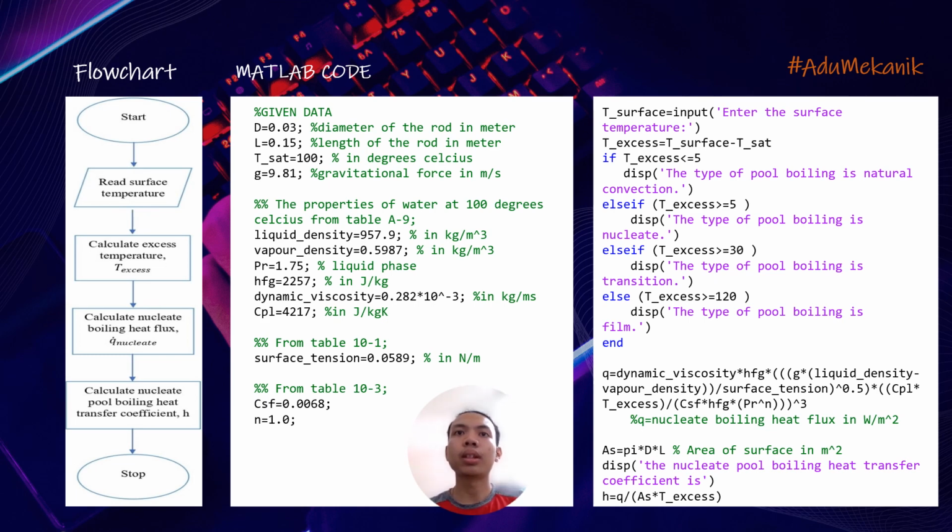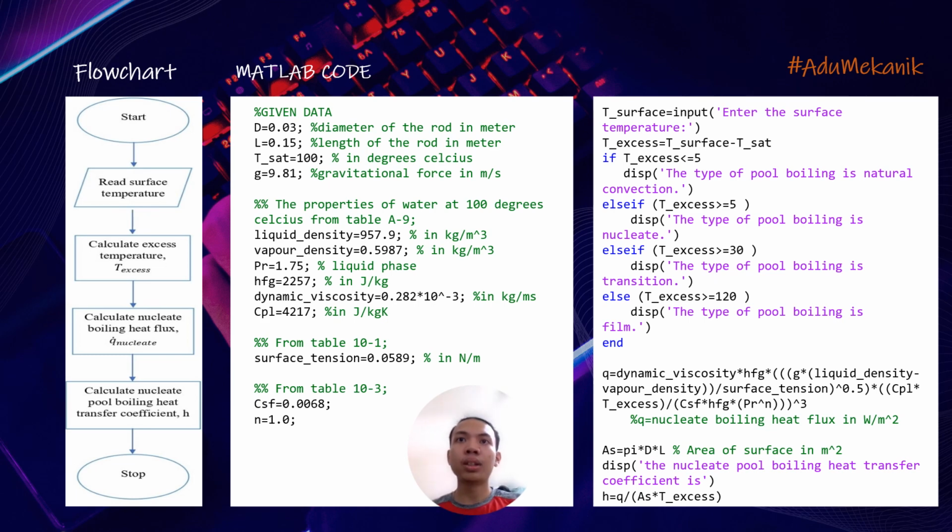So first we put the input command, and then we use the logical operators if and else if to determine whether the excess temperature is in the category of our boiling types of water.